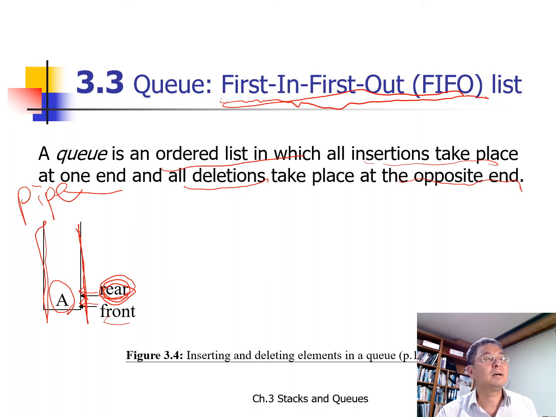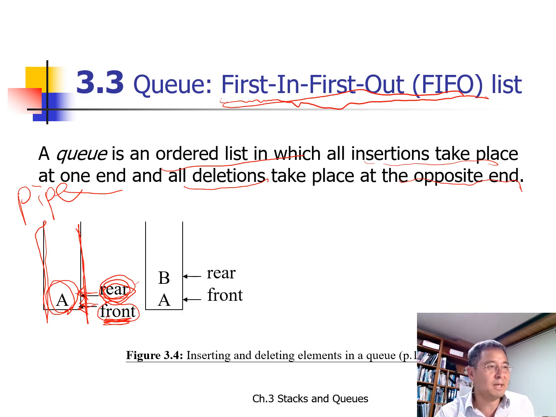Okay, and the serving customer must go to the front of the line. Okay, so queue is just like a waiting line in a restaurant. Okay, but if there is only one data, one customer, front index and the rear index will point at the same data. Okay, and then new data B arrives.